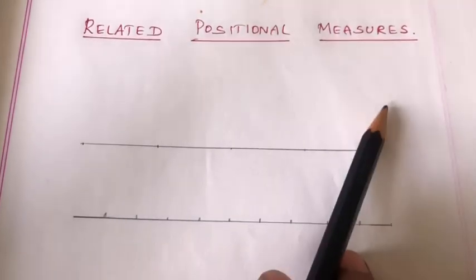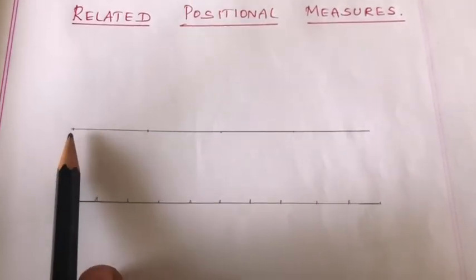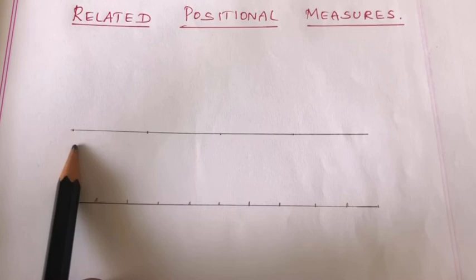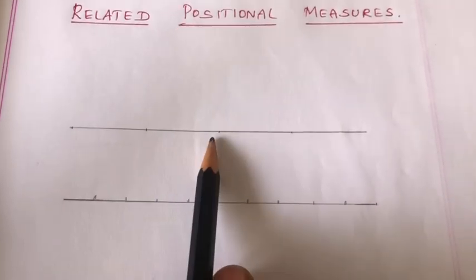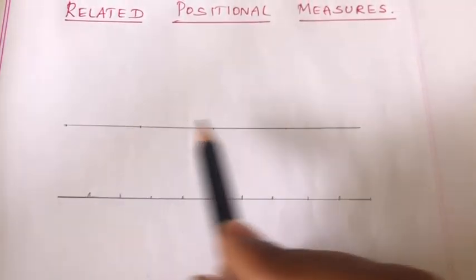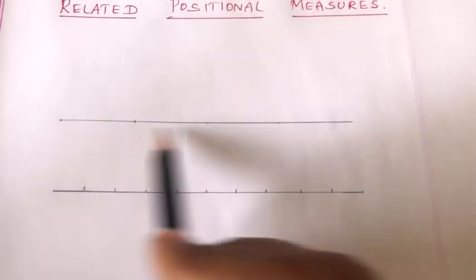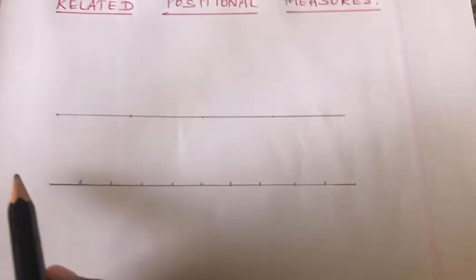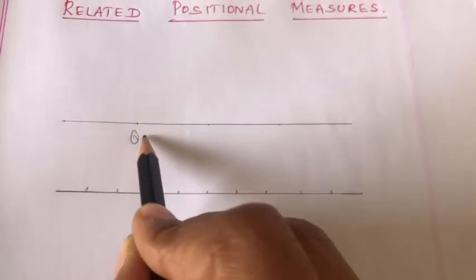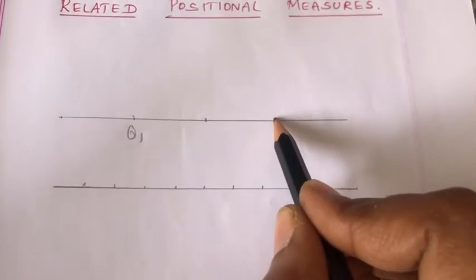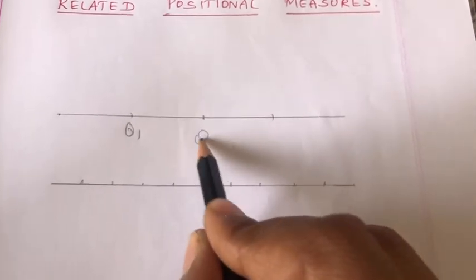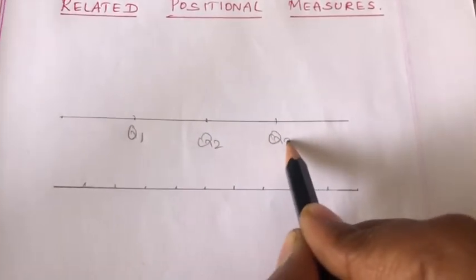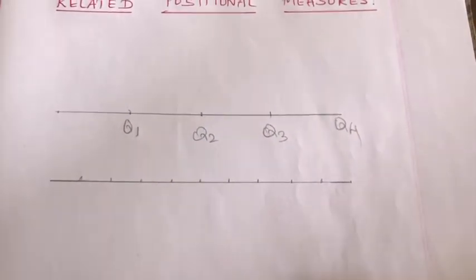If this is the series of data, then the quartiles divide the data into 4 equal parts. So it is Q1, Q2, Q3 and Q4.